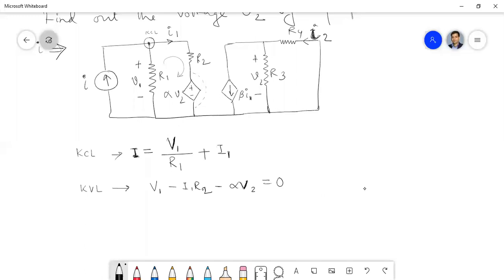Or the current dividing rule also you can opt for. বলো কি হবে? How can we write this equation for the right half?